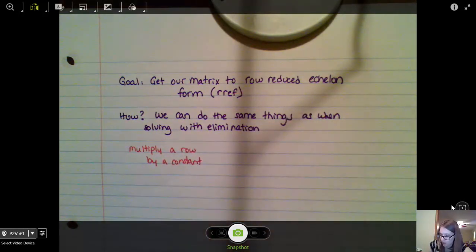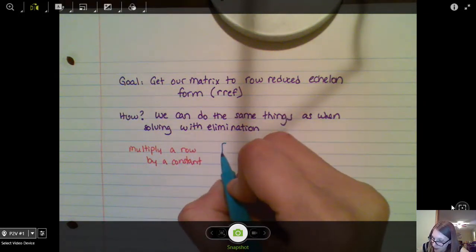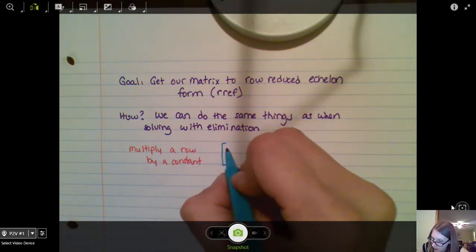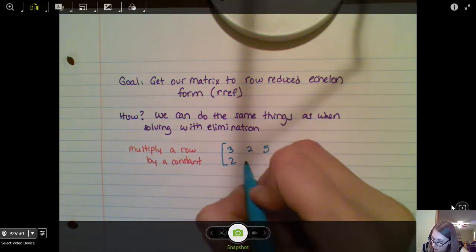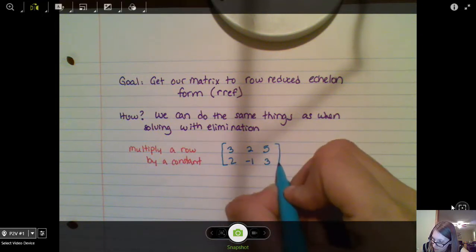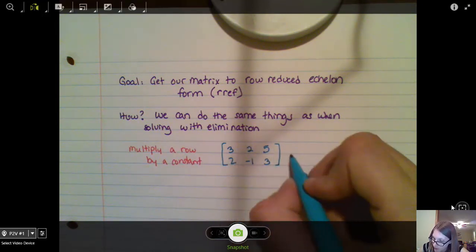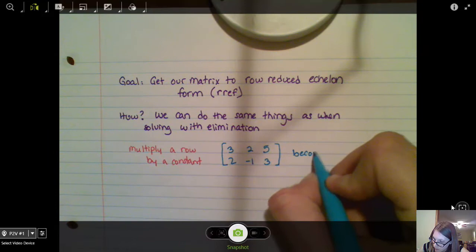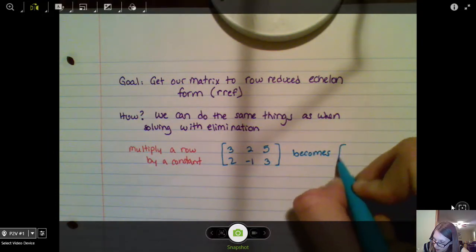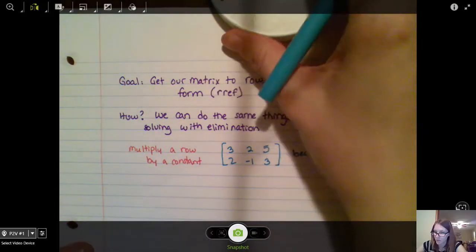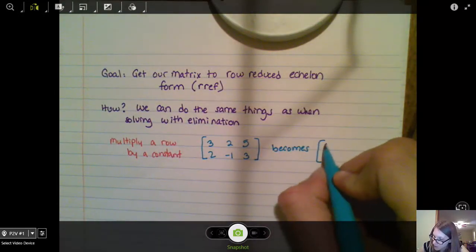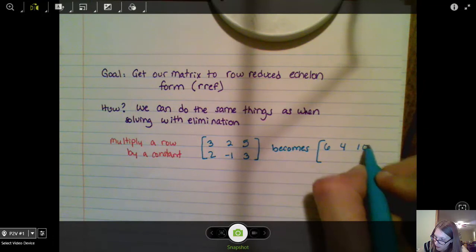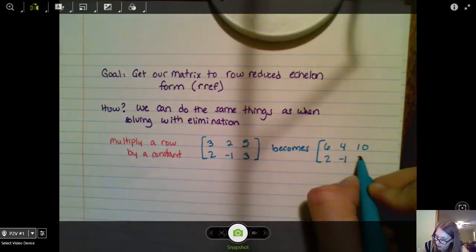So for example, if we multiplied a row by a constant, if we had the matrix 3, 2, 5, 2, negative 1, 3, this matrix could become 6, 4, 10, 2, negative 1, 3.